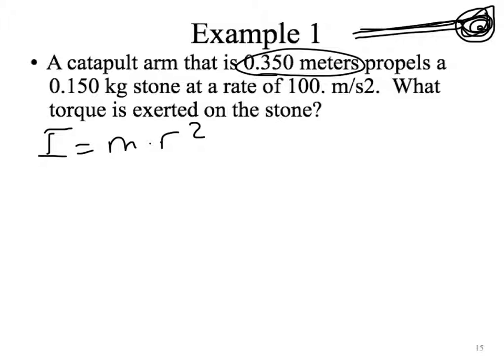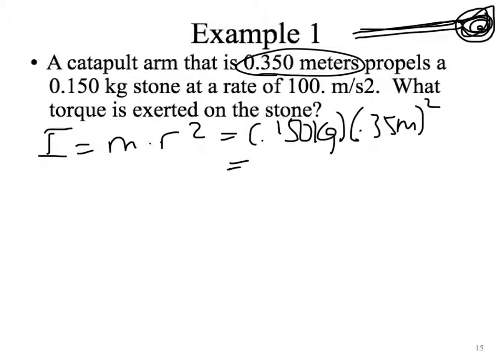All right, so the mass is a 0.150 kilogram stone. The radius is 0.35 meters, or square that. We're going to get a moment of inertia of 0.018 kilogram meter squared.